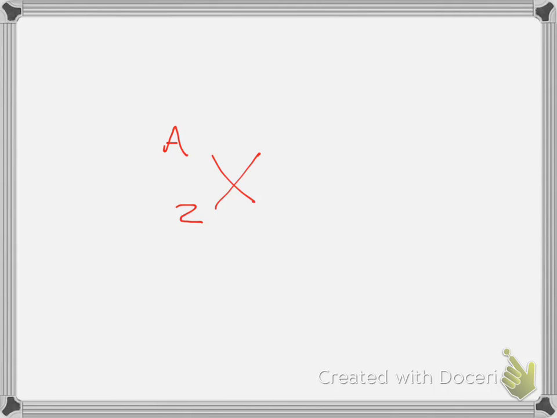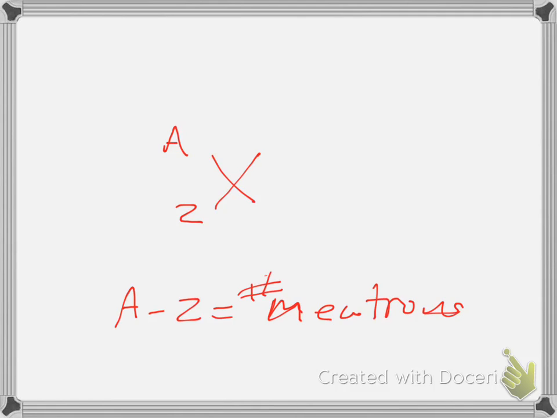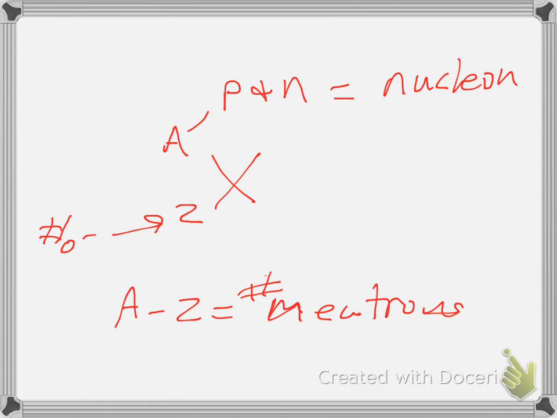So A minus Z equals the number of neutrons, N. Remember, collectively, a proton or a neutron is called a nucleon, and Z is the number of protons, or the atomic number. All right, so pretty simple.